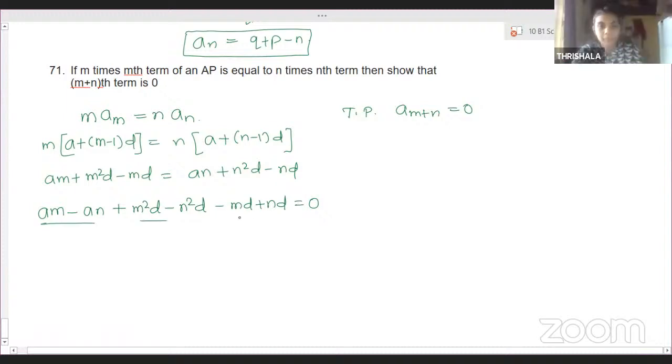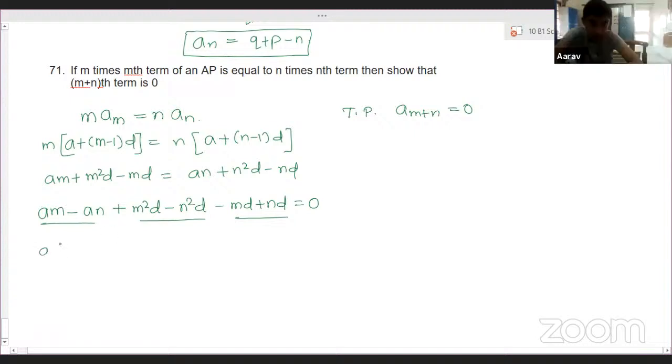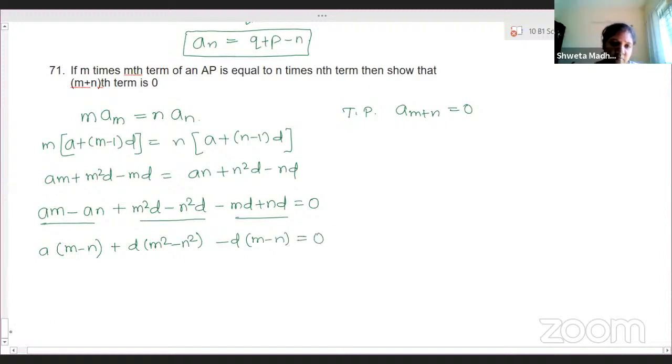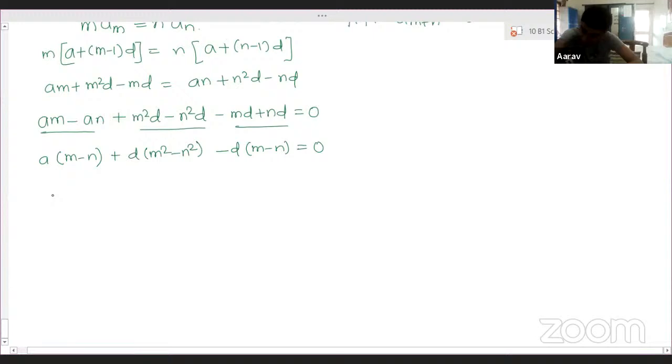Yes, ma'am. Factorize the 3 terms separately. Should I continue? Yeah. a into (m minus n) plus d into (m square minus n square) minus d into (m minus n) is equal to 0. Then I brought a minus d whole into (m minus n) plus d (m square minus n square) is equal to 0.